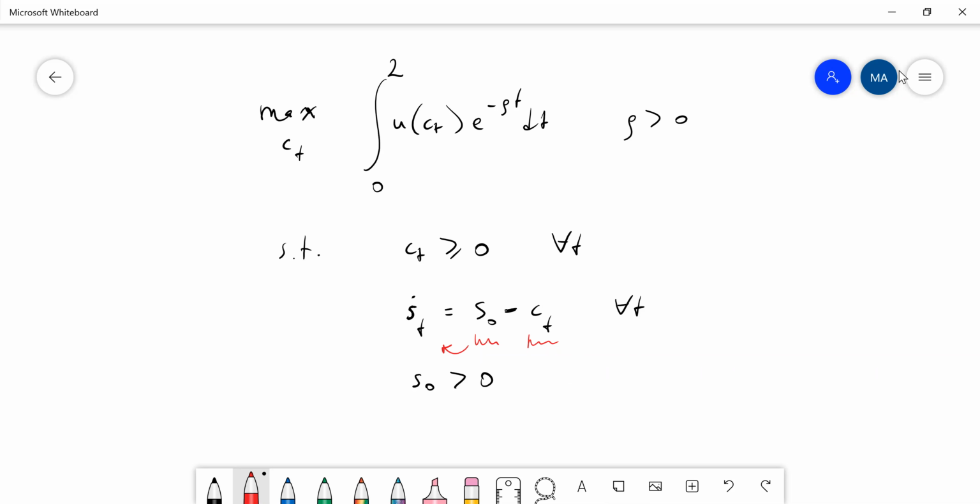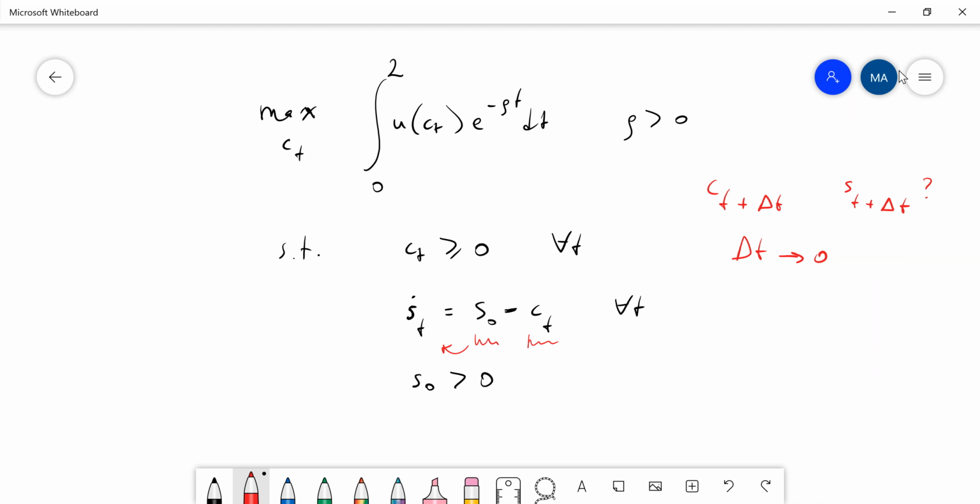Because in the next instant, when I'm going to choose C at t plus delta t, where delta t is a very small amount of time, then I'm going to look at what happened to my state. So this is much simpler to solve. That's the idea that we're going to exploit.